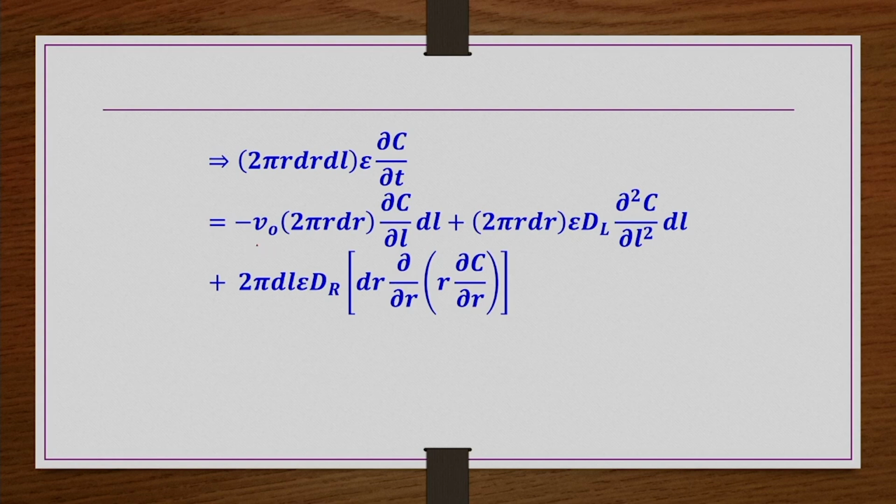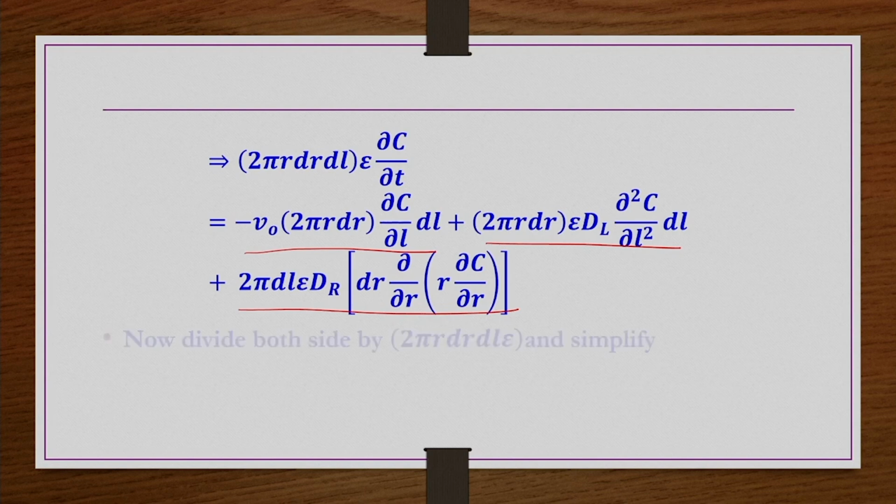This is the net accumulation in the axial direction because of the bulk flow, and then this is net accumulation again in the axial direction, but because of the molecular mechanism, and then this is net accumulation in the radial direction because of the molecular mechanism. In the radial direction there is no bulk flow, bulk flow is dominating only in the axial direction.